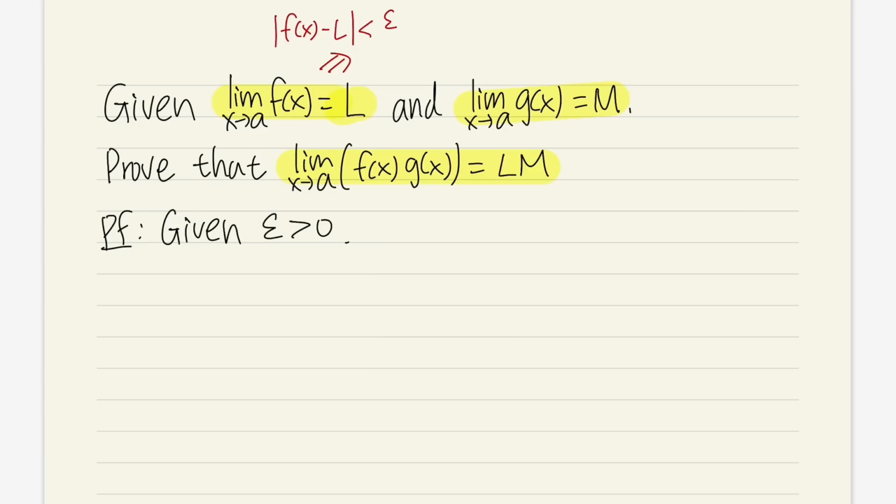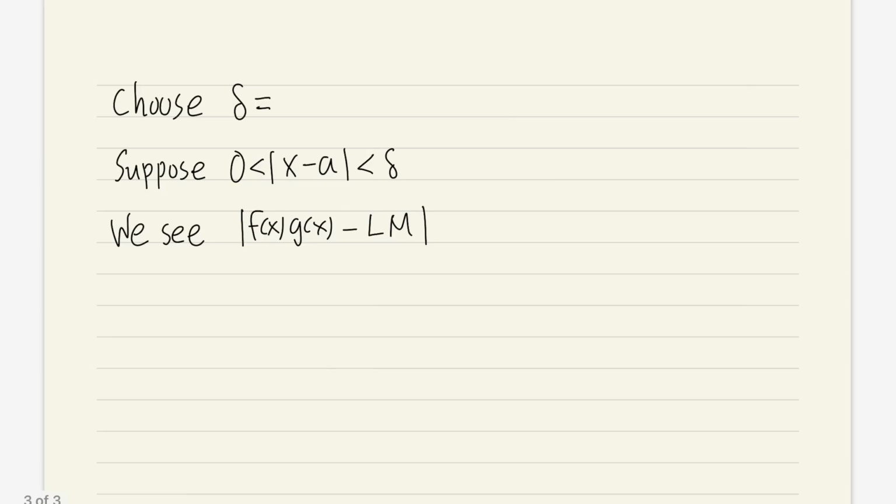And then this right here, absolute value of g of x minus M, is going to be less than epsilon and something. Okay. So as you can see, we kind of want to work with these two expressions. But if you go back to what we have, we don't have that, right?